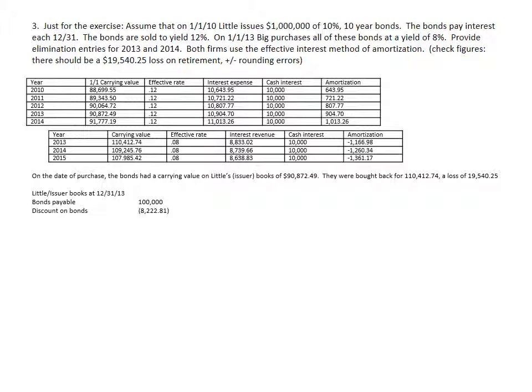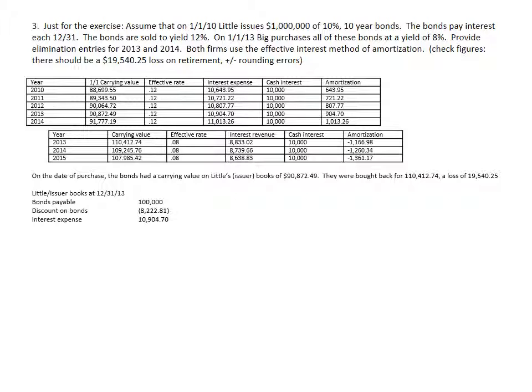So to get the end of 2013 discount, we need to look at the beginning of 2014 carrying value, which is essentially the same as the end of 2013. The carrying value was $91,777.19, which implies a discount of $8,222.81.